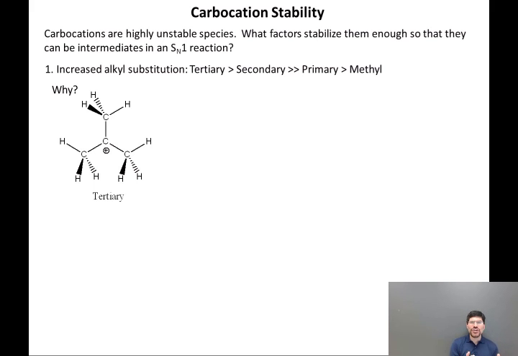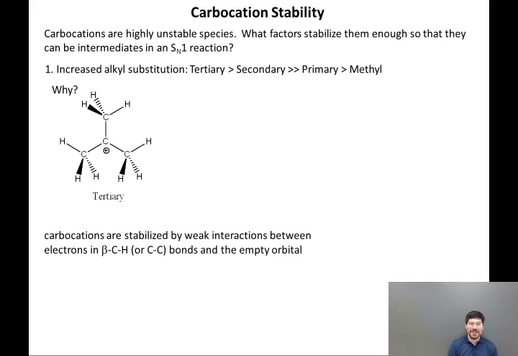In the simplest tertiary carbocation, such as the tert-butyl carbocation, there are 3 hydrogens on each of those carbons. So there are 9 what we call beta carbon-hydrogen bonds. And what happens is that the carbocation is so hungry for electrons that it looks around and says, where can I grab electrons from?